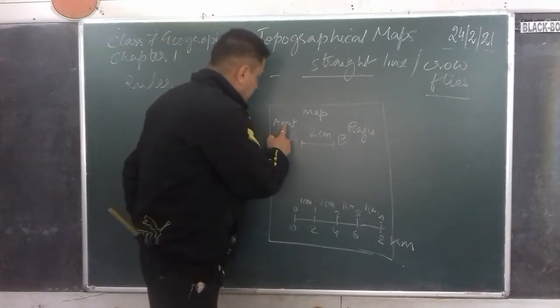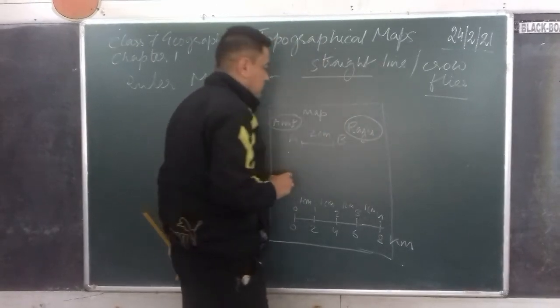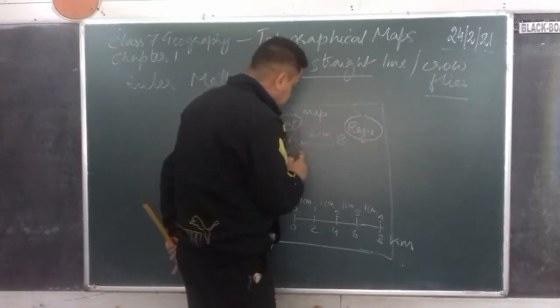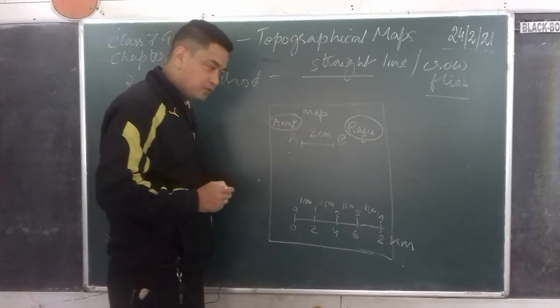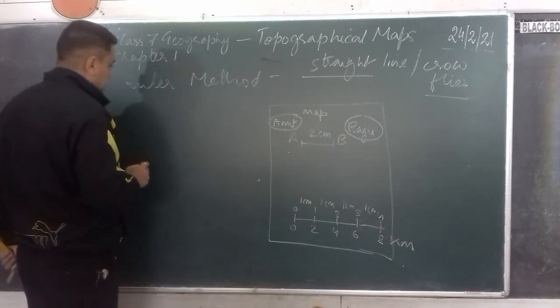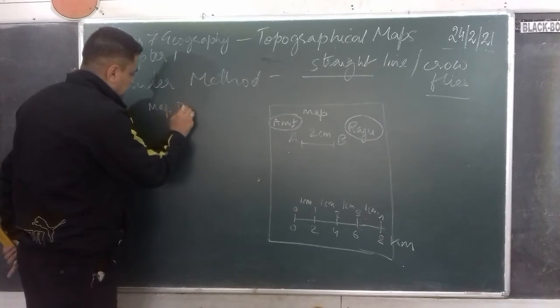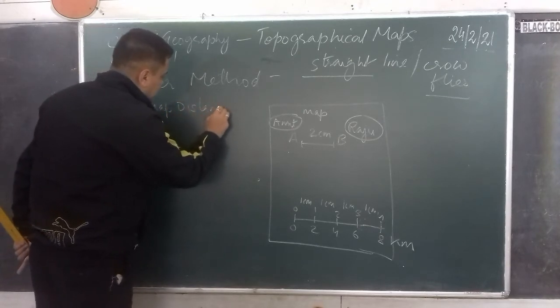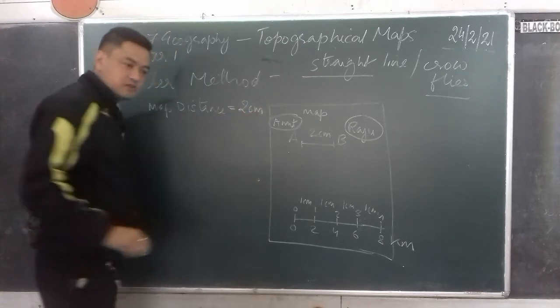So what is the distance on the map from Amit's house to Raju's house, from point A to B? It is 2 centimeters on the map. Last time I told you in the video that 2 centimeters means map distance.